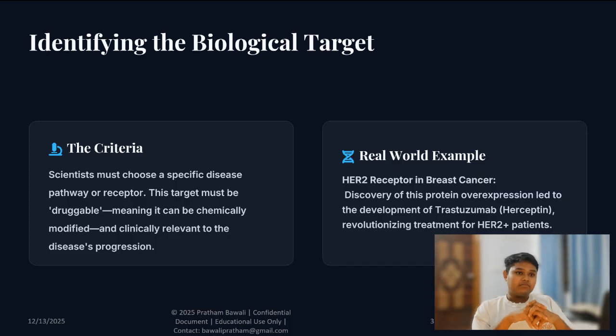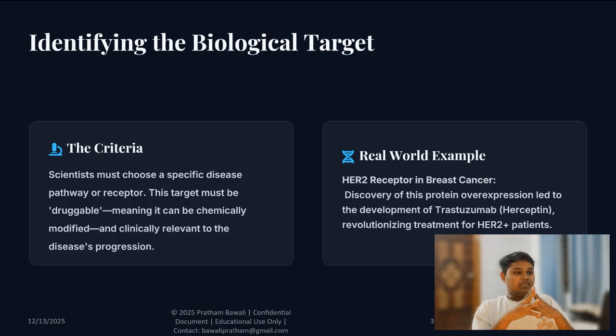Any chemical entity should be able to block that receptor, block that pathway, or change the interaction between anything.